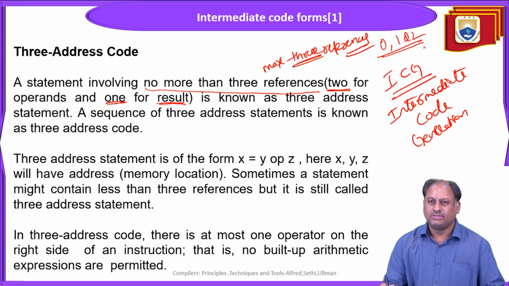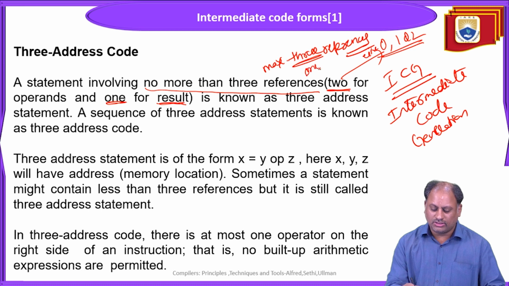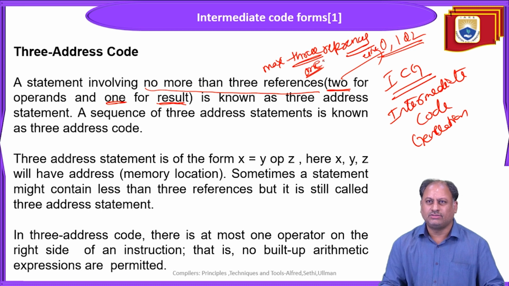But at least one reference out of the maximum three is compulsory. So that is known as three address code computation.